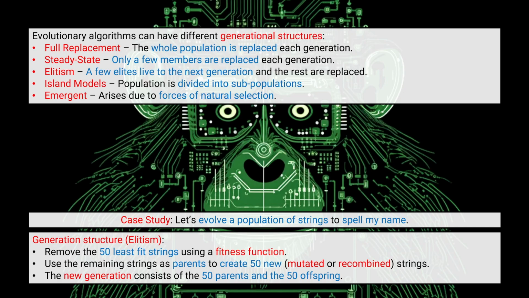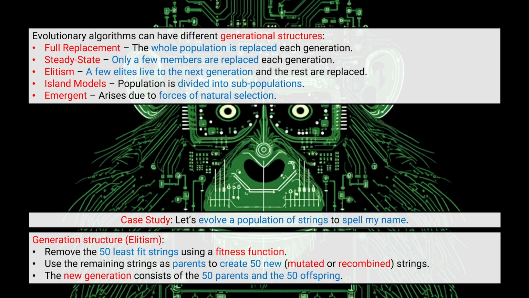At the end of each generation, we're going to kill off the 50 that are the least fit, using a fitness function to determine that. The ones that are the furthest away from spelling my name, we will kill off. The remaining 50 are the elite, the ones that get to go to the next generation.